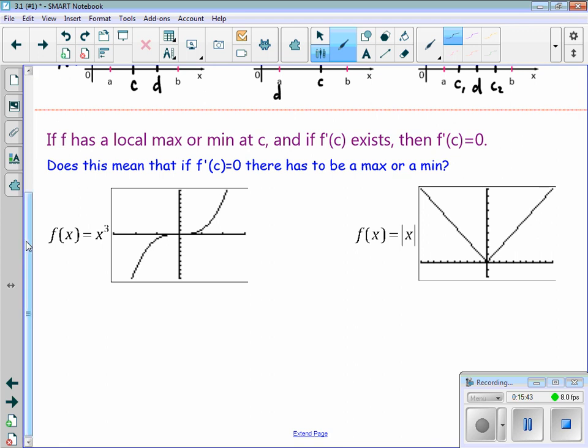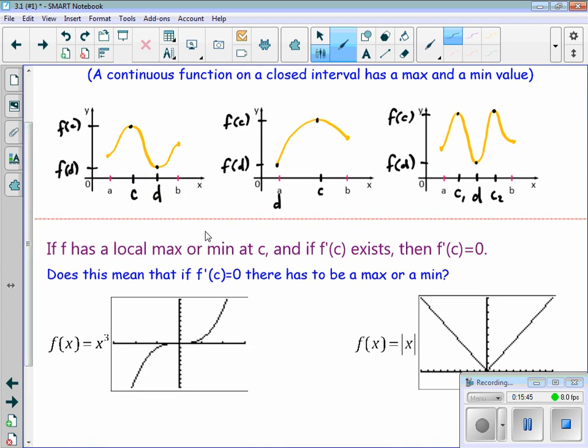So look at these local max or mins. We're not talking about endpoints, right? An endpoint cannot have a slope, because if you think about trying to calculate a slope of an endpoint, there's not two values that you could use to come up with that. If it continued on forever, then you could find a slope at that spot, but an endpoint cannot have a slope. So it has to be a local max or min.